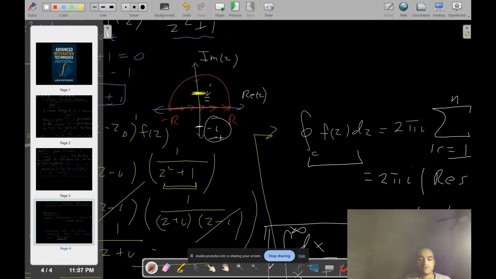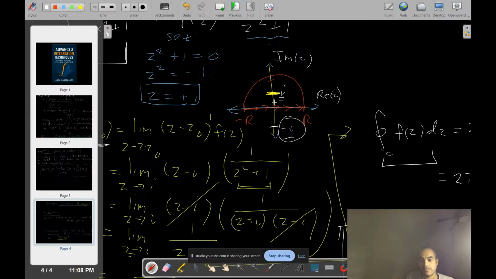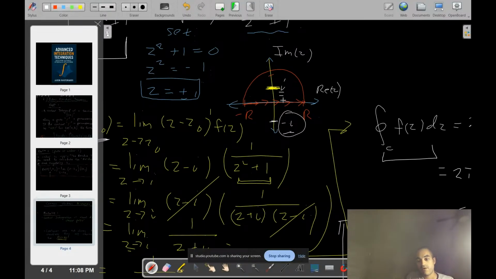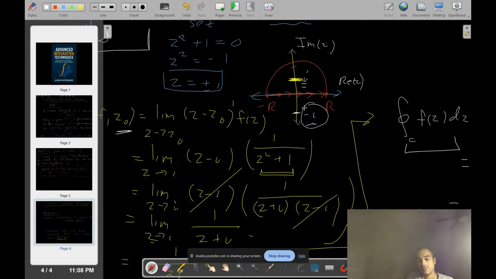Negative i is outside of the contour. So it's going to have a non-zero value, because if you use the residue theorem, you're only choosing one of these poles.